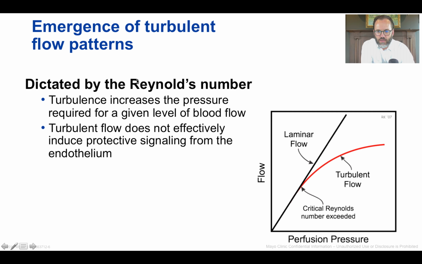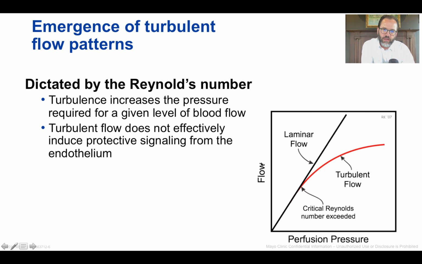Turbulence increases the pressure required for a given level of blood flow, which is important. Instead of laminar flow, where the pressure required to drive flow into a vascular bed is relatively linear, when turbulent flow patterns emerge we require disproportionate increases in perfusion pressure to maintain a comparable level of flow.